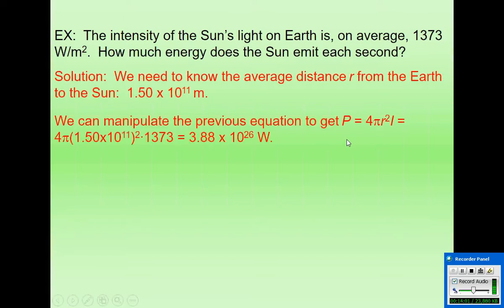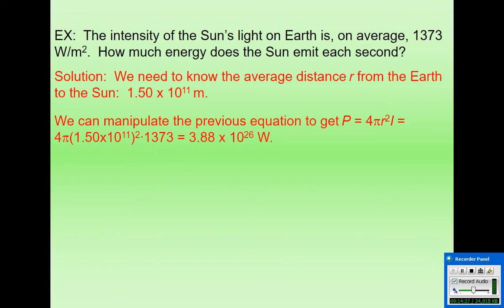That's going to be our value of R, and we want to solve for capital P. We have our expression for the isotropic point source, and capital P, the power, is equal to 4 pi R squared times the intensity I. We just said R is 1.50 times 10 to the 11. Don't forget to square it. Times 4 pi times 1,373.